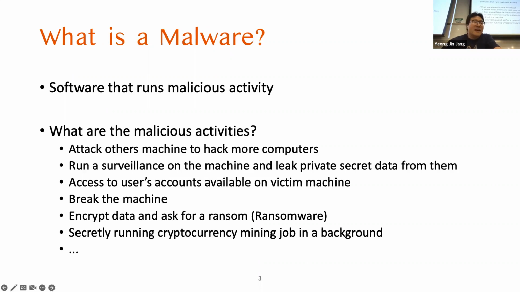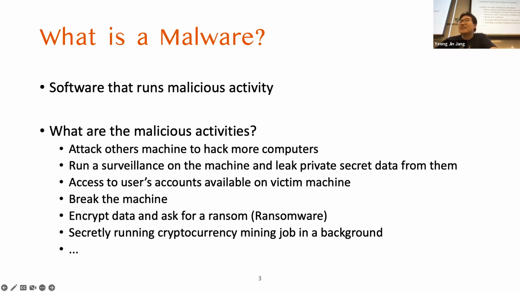So malware is just malicious software. The word itself is malicious software, malware. So it's software that does malicious activity. What is the malicious activity, then? Getting into a victim's computer with unauthorized access, and running surveillance on a user's device. It could be stealing passwords and getting access to accounts, or encrypting the data and then asking for ransom, which is quite frequently happening these days.